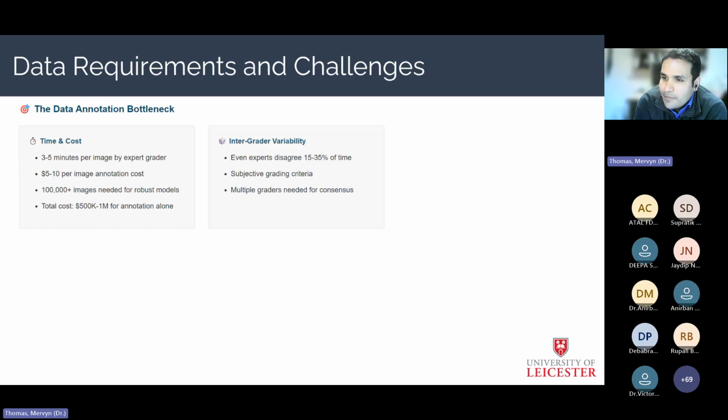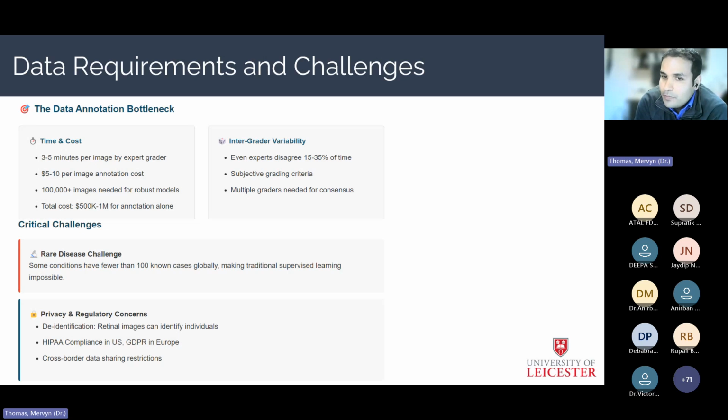And so straight away, just from annotation, we're talking about between $500,000 to $1 million, right? And even then, experts might disagree 13 to 15% of the time. For rare diseases, some conditions might have fewer than 100 cases known globally, making traditional supervised learning nearly impossible.